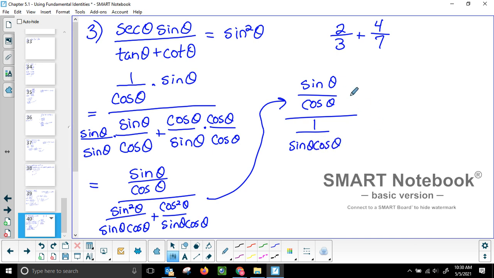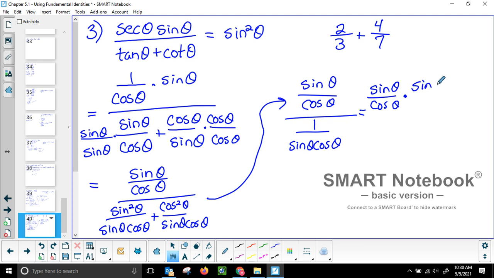Well, when we did a fraction divided by a fraction in middle school, what was our little trick? Keep, change, flip. So that's what I'm going to do here. I'm going to keep my numerator, sine theta over cosine theta. I'm going to change my division to multiplication, and I'm going to flip my denominator.